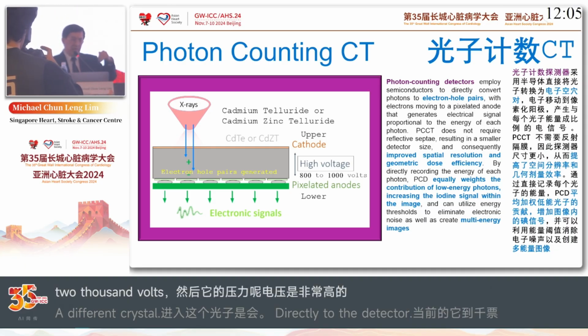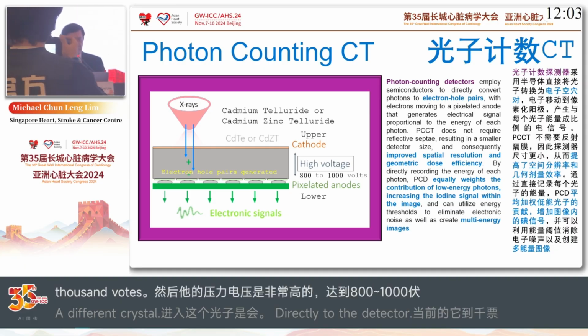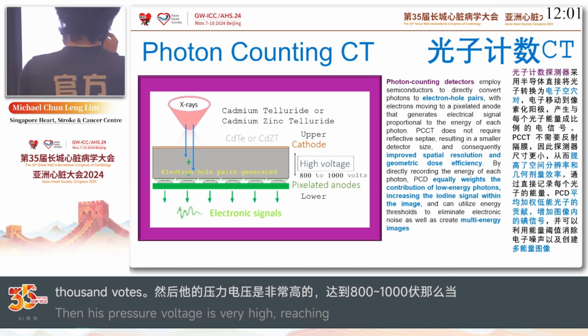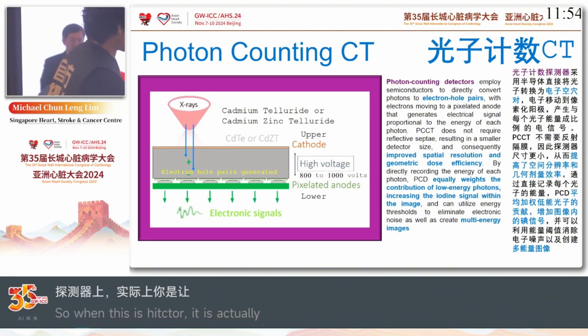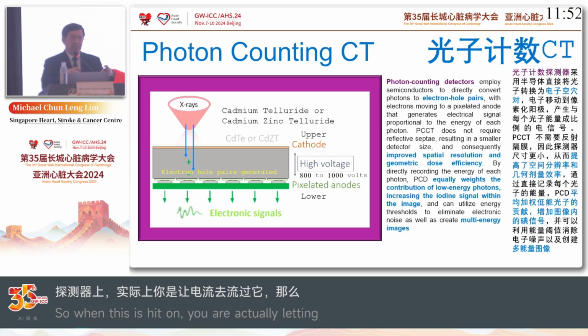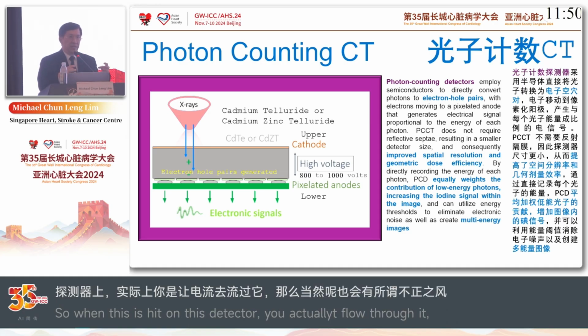When the X-ray photons hit this detector, you generate electron pairs, of which the positive one will go to the cathode and the negative electron pairs will go to the anodes. And this will again create the electric signals.